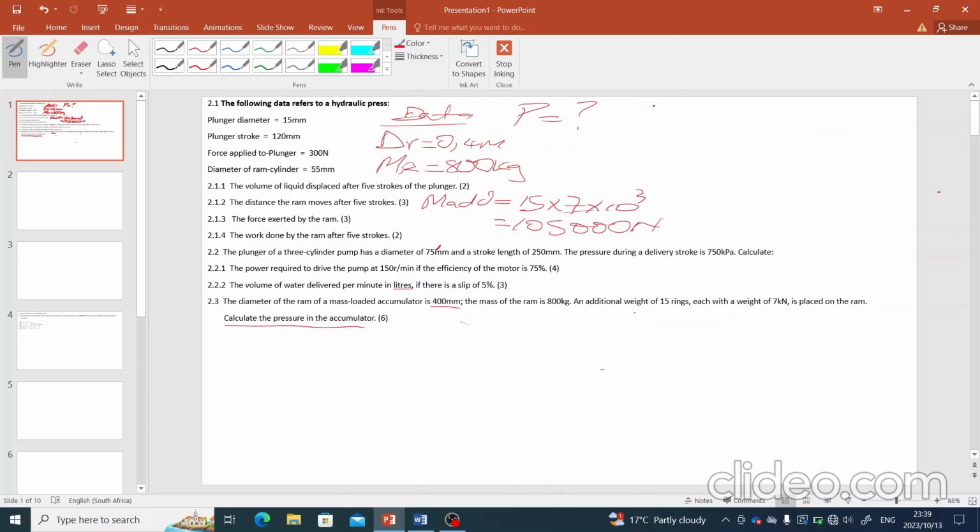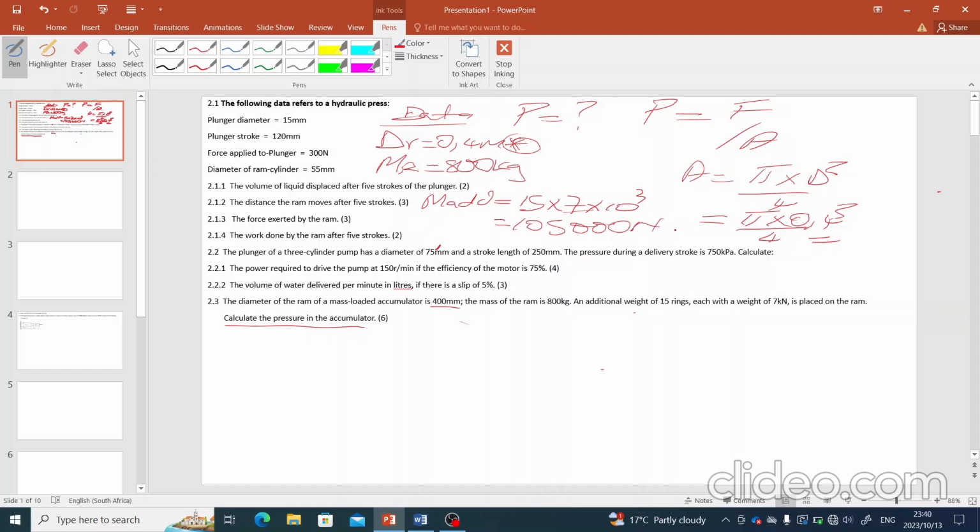We know that in calculating pressure, it is force over area. Do we have the area? Definitely we do, because we are given the diameter. We can get the area. It is pi times d squared divided by 4. Then my area would be pi times 0.4 squared divided by 4.